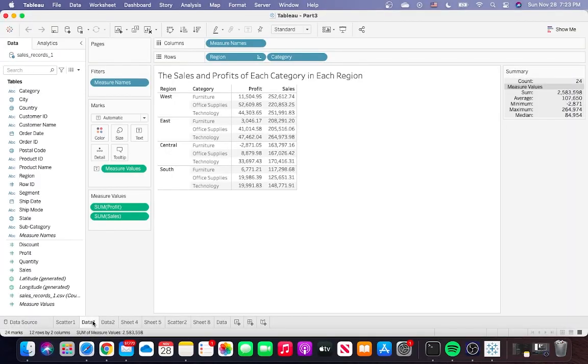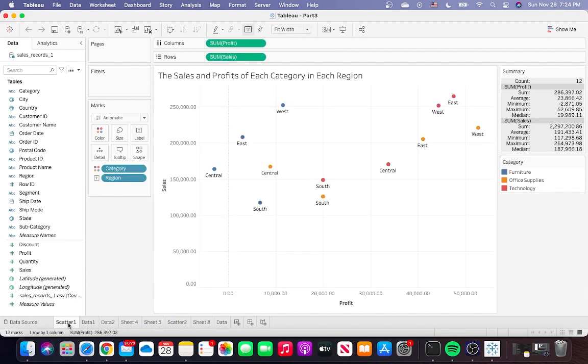If we would like to know more data insight about the sales and profit of each category in each region, it's not a good idea to provide just a table like this, because it's hard to understand and to see. So we're going to do the scatter plot to explore the data, because this is a bivariate analysis.